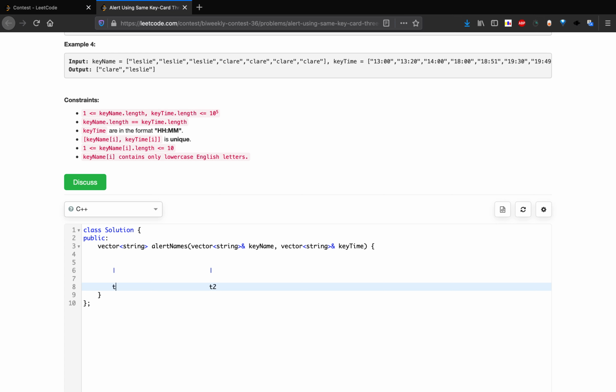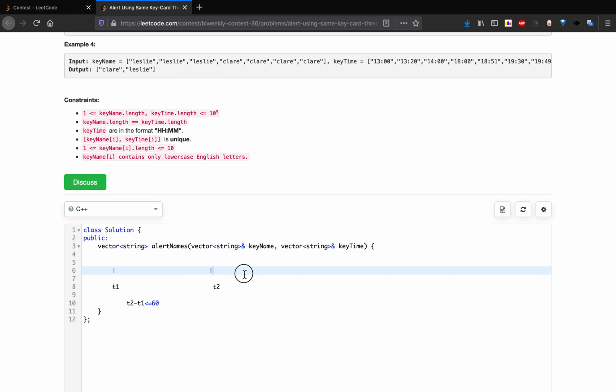Okay, and here we have some time t1. So if the difference t2 minus t1 is less than or equal to 60, then we are definitely guaranteed that any time between t1 and t2 will have a difference of less than or equal to 60, right?